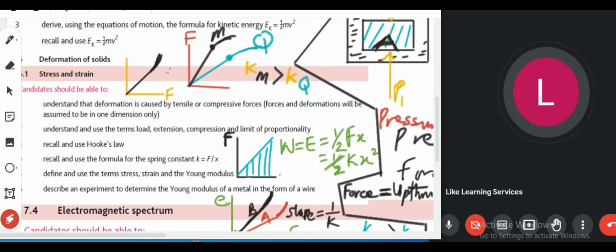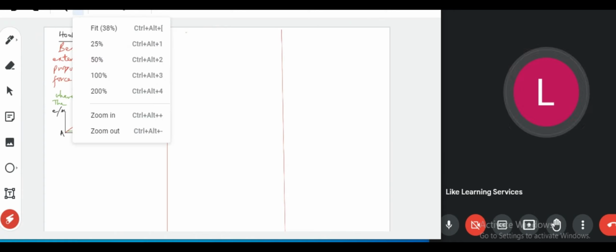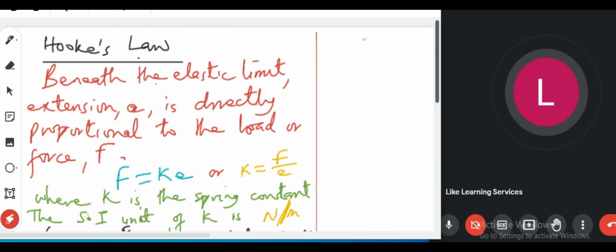But if it is a graph of F over E, the slope gives directly K, spring constant. Now this is what I'm talking about. Let me zoom it in here properly so that we can see.